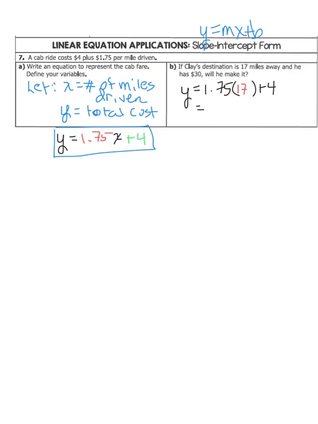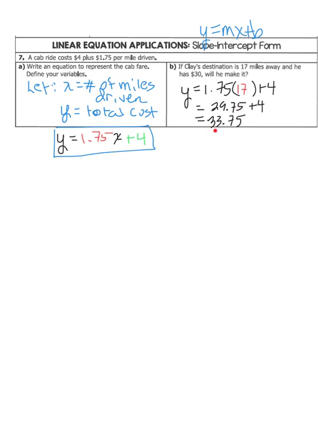So then I'm going to figure out $1.75 times 17 miles is $29.75, plus $4 is a total of $33.75.